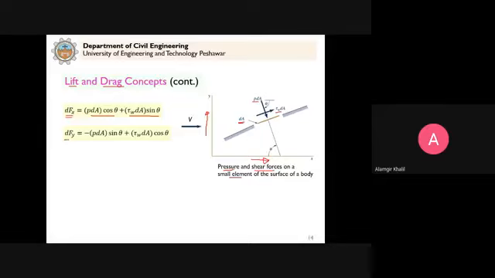And similarly in the y direction, this is equal to minus P dA sine theta, because its component is down in the y direction, so that's why the negative sign, and plus tau_w dA cos theta.